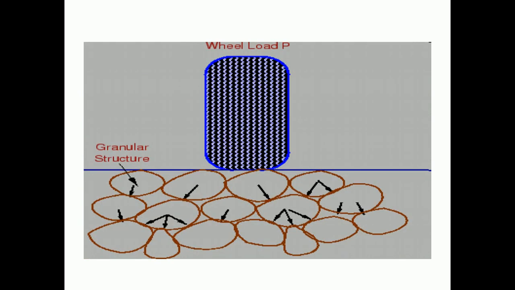In both cases we are using a large volume of aggregates for the construction of the different layers of the flexible and rigid pavement. But if you look at the structure of the flexible pavement, when the wheel load is acting on the road surface, the stresses induced due to the wheel load will be maximum at the top and minimum at the bottom, and they are transferred by grain to grain contact between the aggregate interfaces.